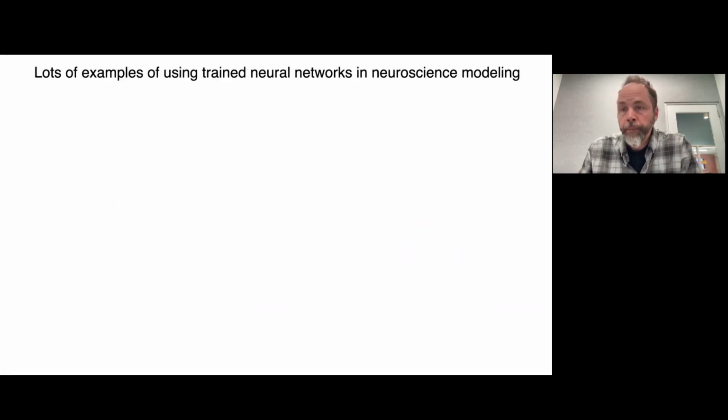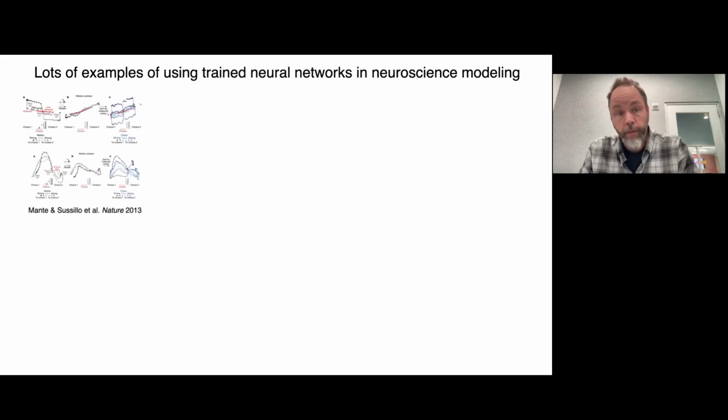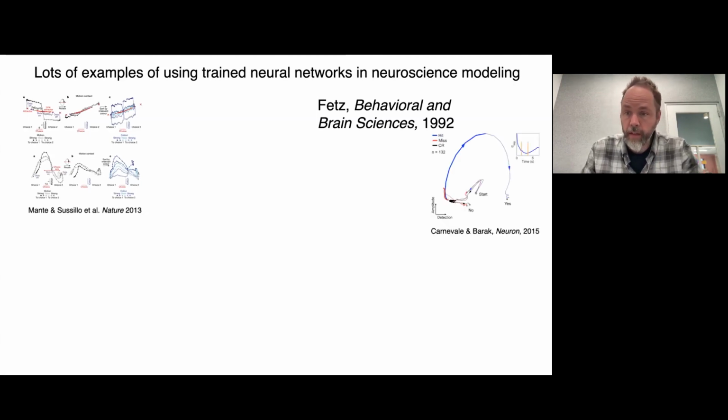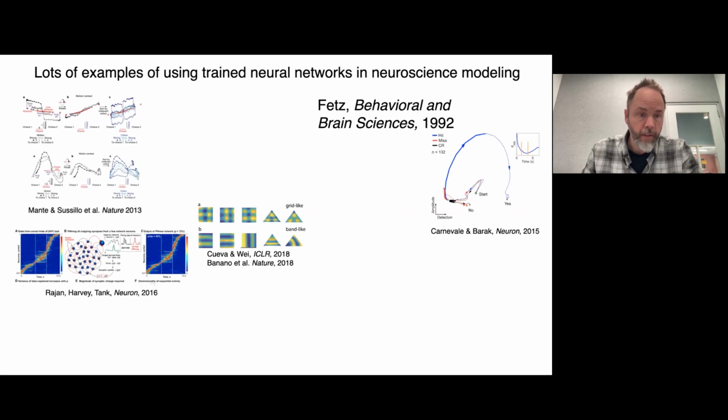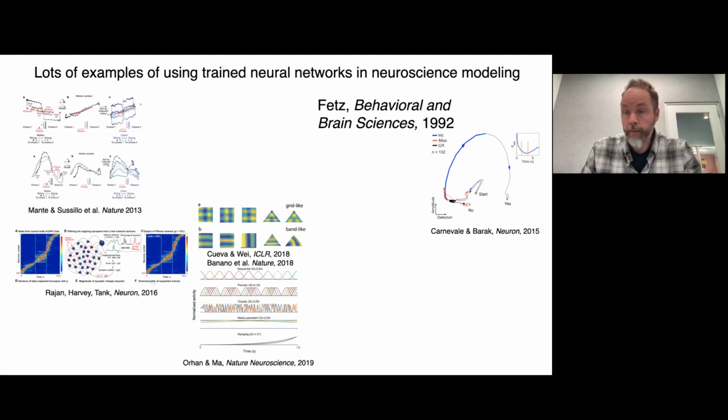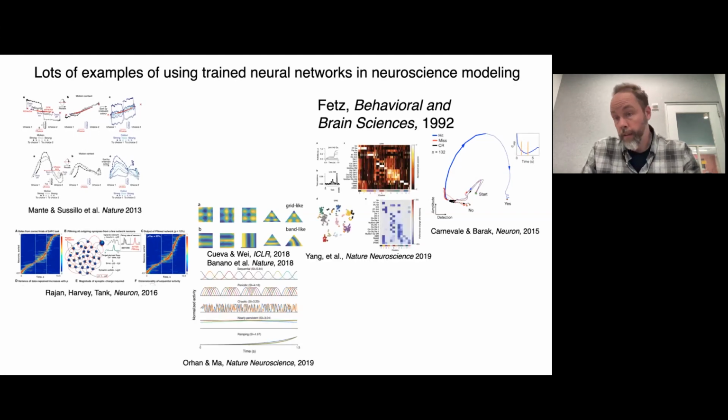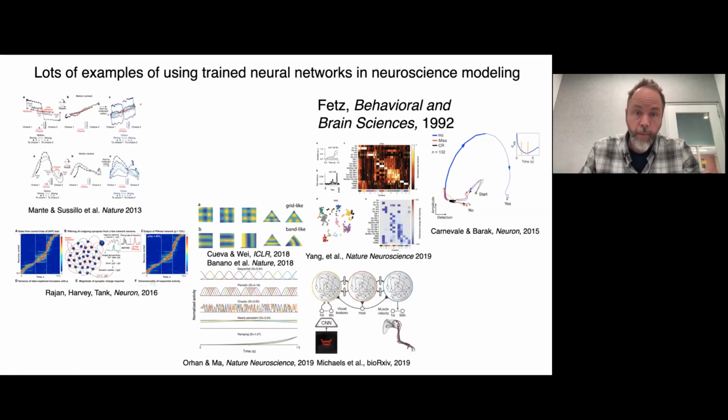There has been a lot of work using recurrent neural networks over the last decade: work on contextual decision-making, work looking at motor control even in the early 90s, decision-making in the sensory motor cortex, grid cells in entorhinal cortex, songbird, memory representations, the multitask representations work that we build on, and grasping.